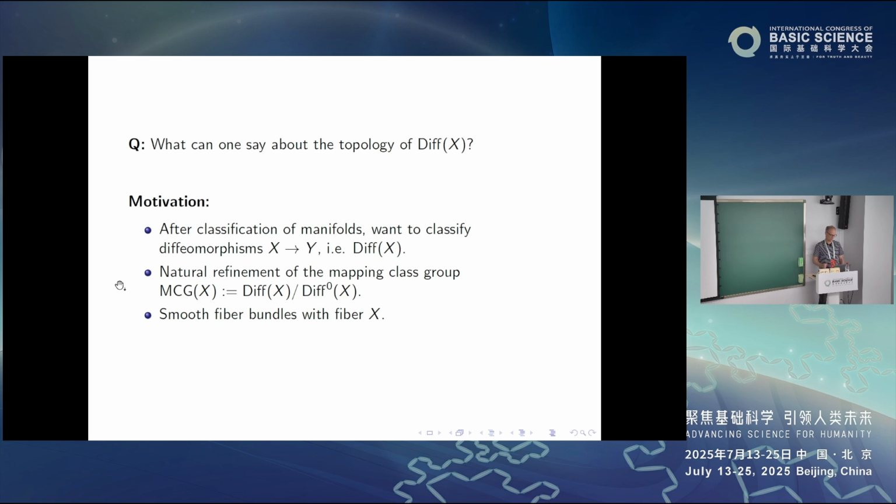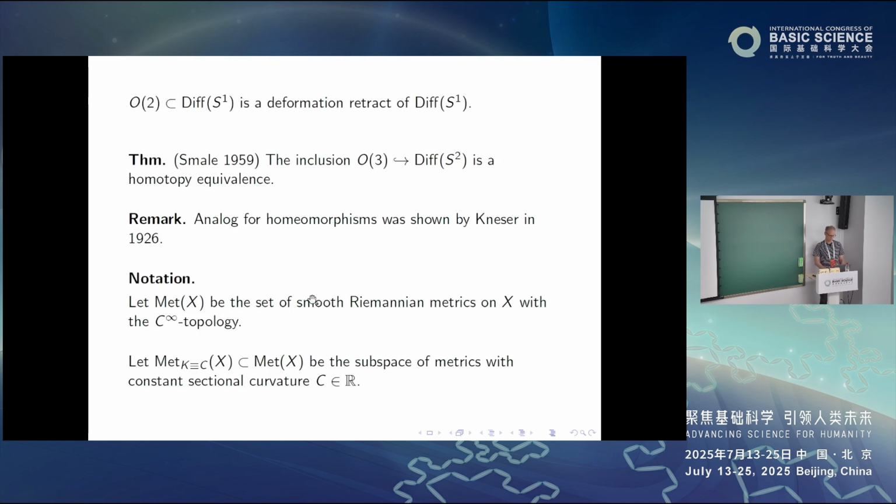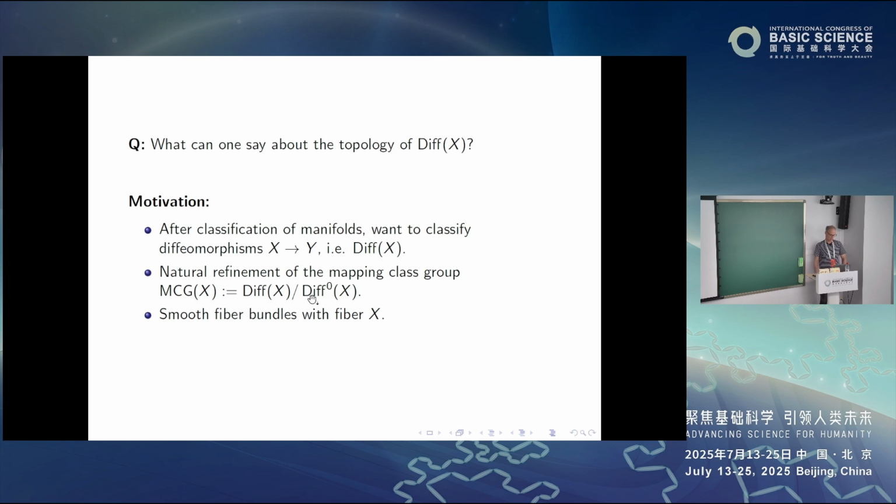Another point of view is in terms of the mapping class group. The mapping class group of X is just the quotient of Diff X by the identity component, or in other language, it's the group of isotopy classes of diffeomorphisms. Of course, this has been very heavily studied in the case of surfaces. It shows up all over the place.